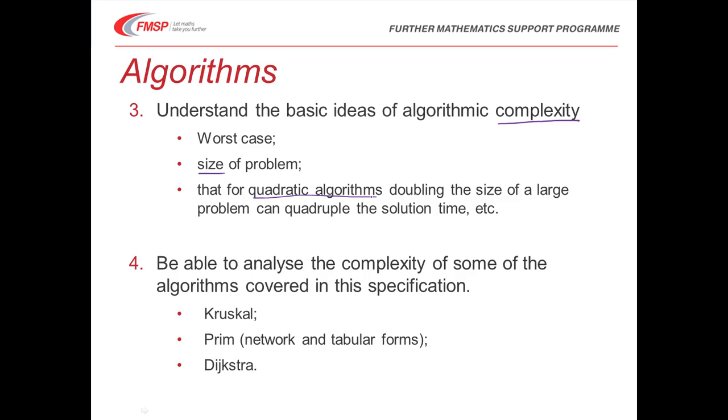For quadratic complexity, doubling the size of the problem quadruples the solution time, because 2 squared is 4. Tripling the size of the problem would mean the solution time is multiplied by a factor of 9, which is 3 squared.